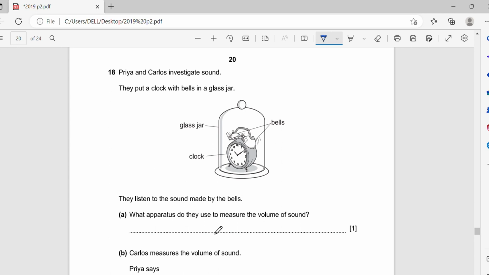What apparatus do they use to measure the volume? The sound level meter.